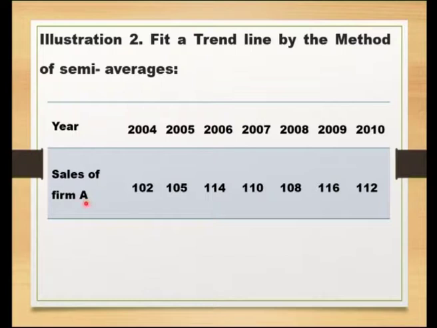Sales of firm A are given as 102 in the year 2004, 105 for 2005, 114 for 2006, 110 for 2007, 108 for 2008, 116 for 2009 and 112 for 2010. For this data, we have to calculate trend values by the method of semi-averages.